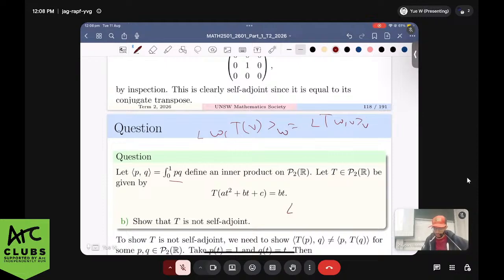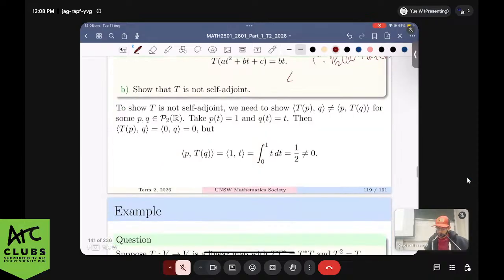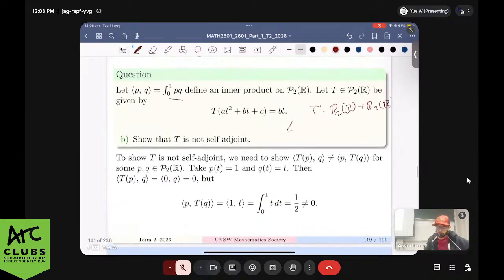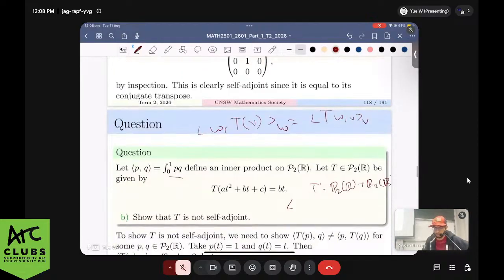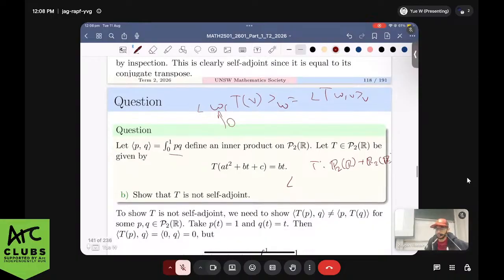Let's see, what even are the spaces again? I completely forgot. It's T from P to R. Yeah, we can check this for ourselves. One pretty cool thing you could do is take one of the vectors to be 0. Take W to be 0, for example. When I say vector, I mean polynomial.